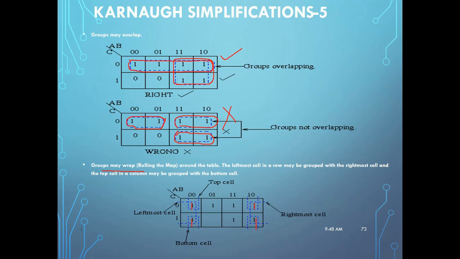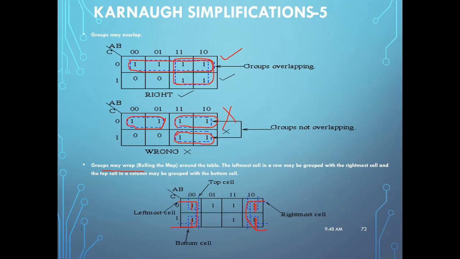When you solve this kind of problem, one grouping is possible in this manner: the leftmost cell in a row may be grouped with the rightmost cell, and also the topmost ones. So this is one kind of mapping.